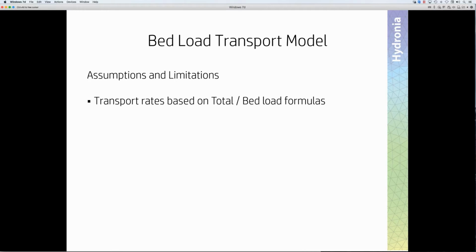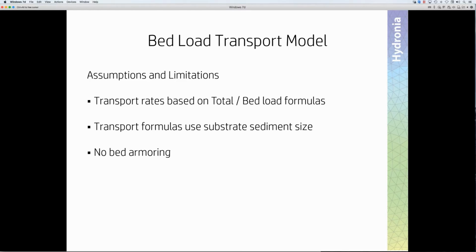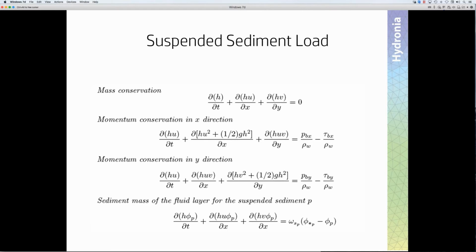The transport rates are based on total bed load formulas. The formulas use a substrate sediment size with no bed armoring. So the model does not compute how the fractions change on the bed. The bed is assumed to be constant in time, not the elevation, but the composition of sediment.